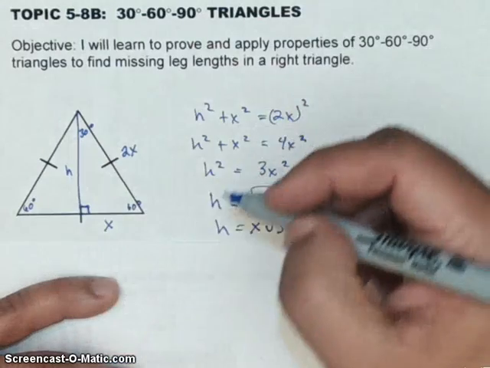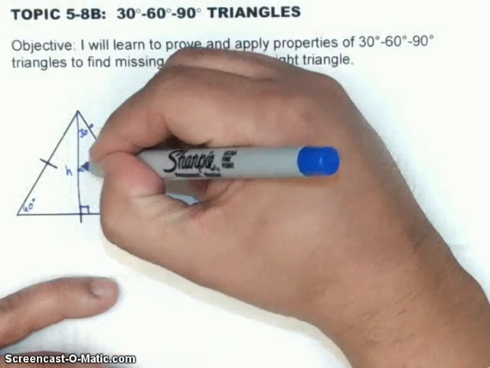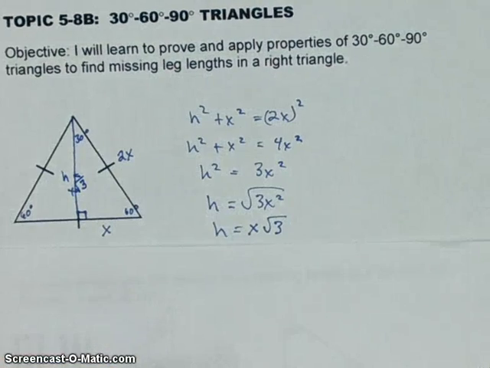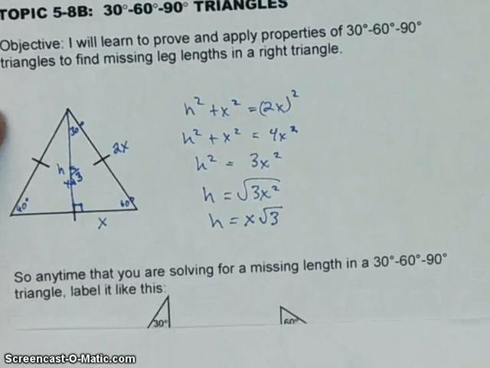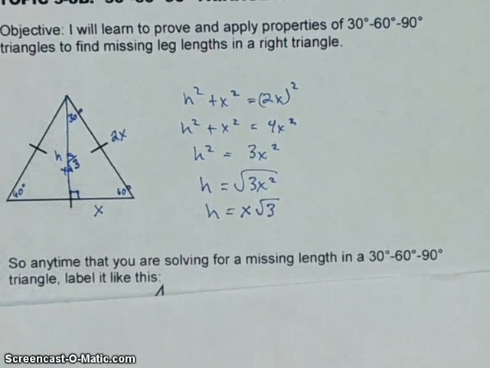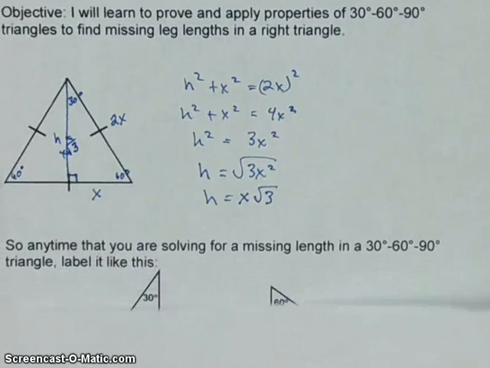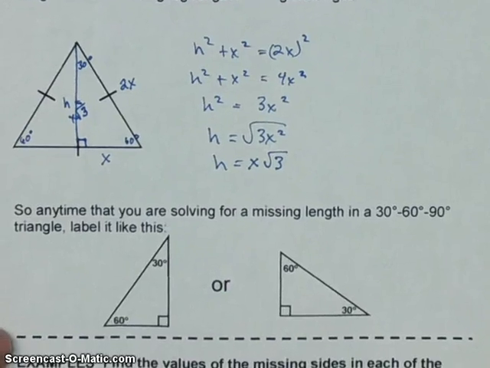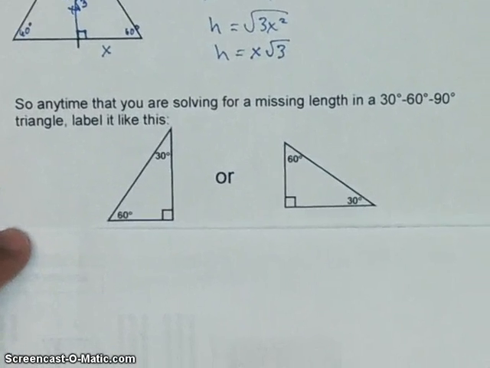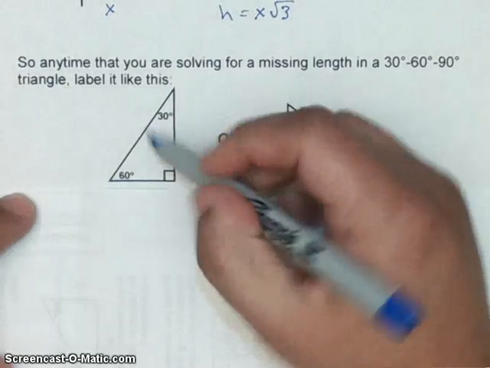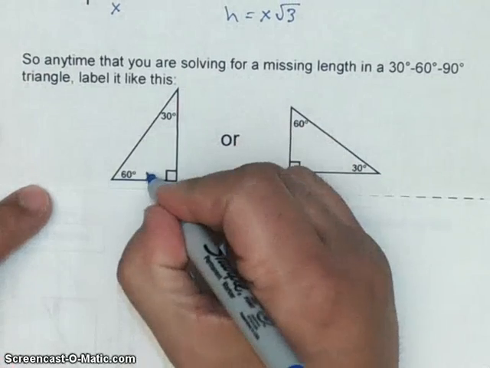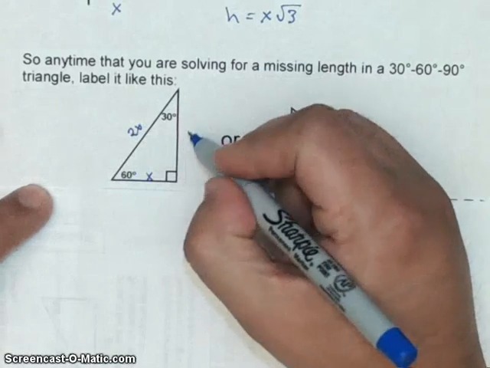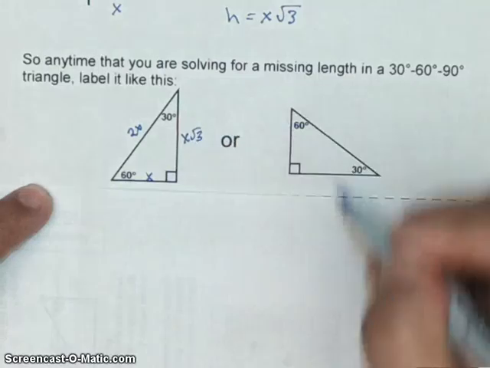Alright, so the pattern, or the formula, that we just proved is that the height is equal to x square root of 3. Anytime you're solving for a missing length in a 30-60-90 triangle, this is how we would label it. Your x is always across the 30. Your hypotenuse is 2x, and across the 60 degrees is going to be x square root of 3.